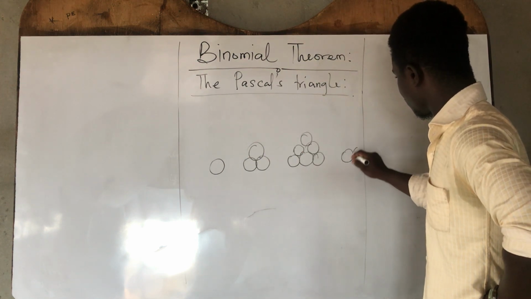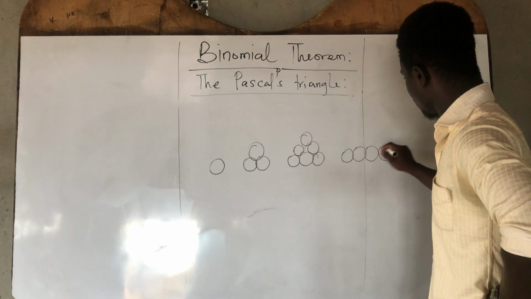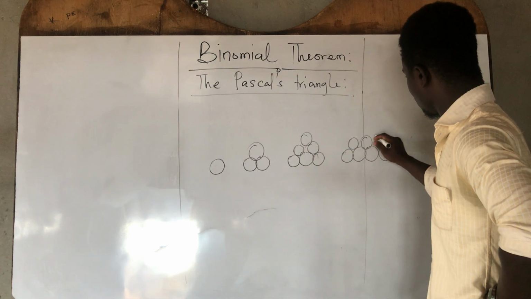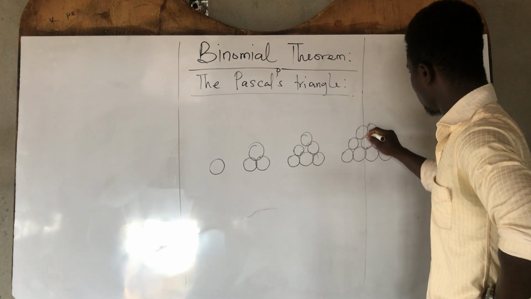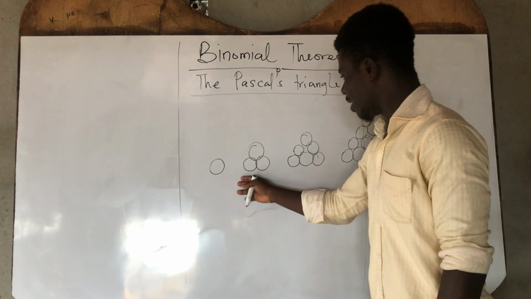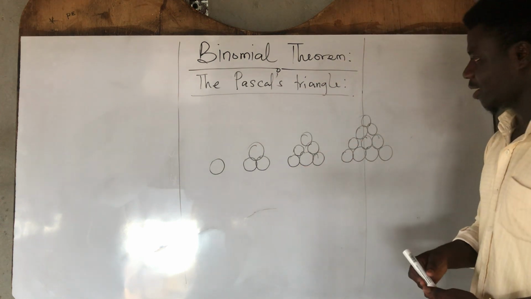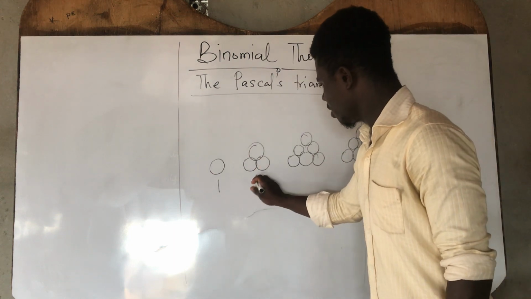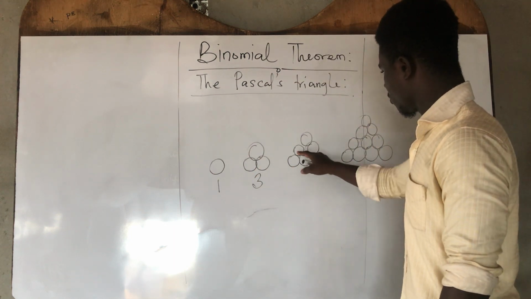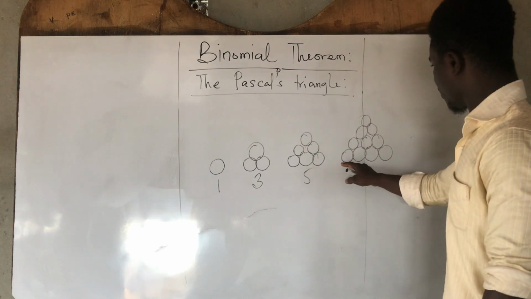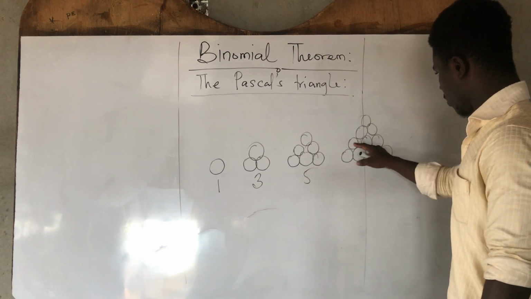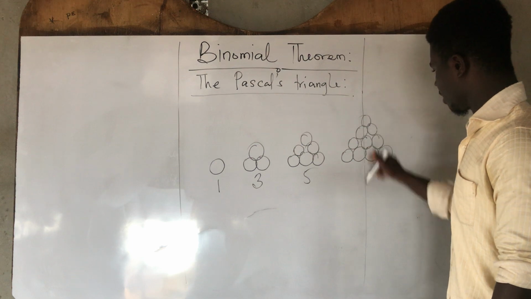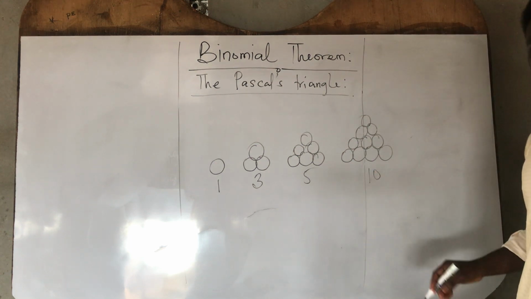Then we have something like this. So as you can see, I'm building a triangle, right? So I can start with 1, then here 3, then here 6, then 10, and it continues, right?